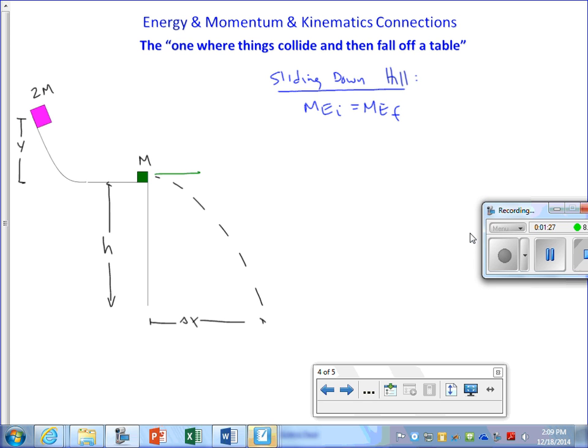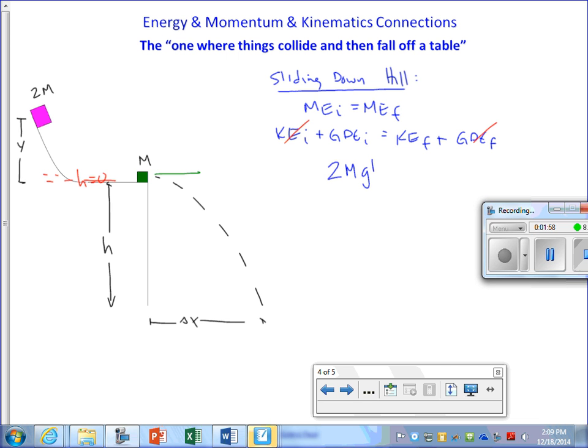KE initial plus GPE initial is KE final plus GPE final. Now for this part of the problem, let's call this height 0. That lets us get rid of this, and if we say it's released from rest, we get rid of that. Okay? So here's what we have.